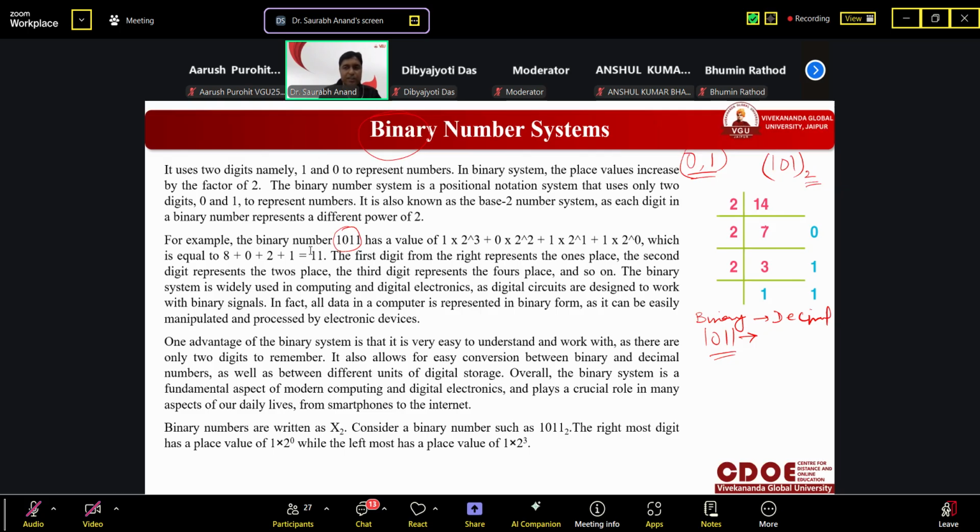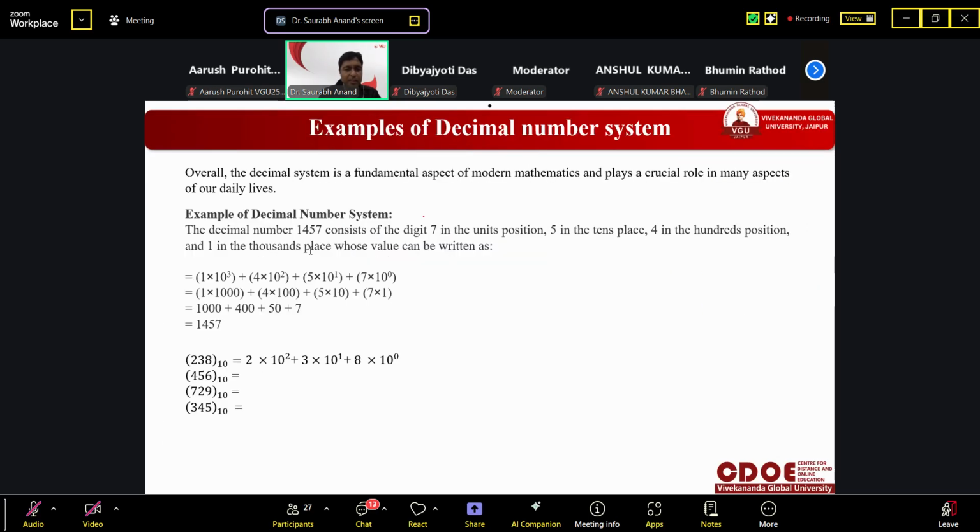Whenever we convert any number into decimal, we do the multiplication process, the same process we just did. Earlier it was 10 because that was decimal; here it will be 2 because that is binary.